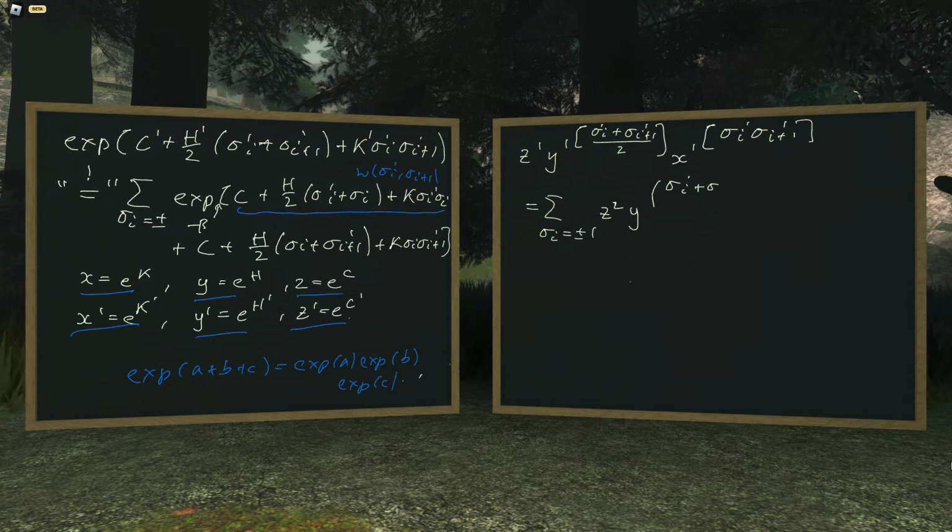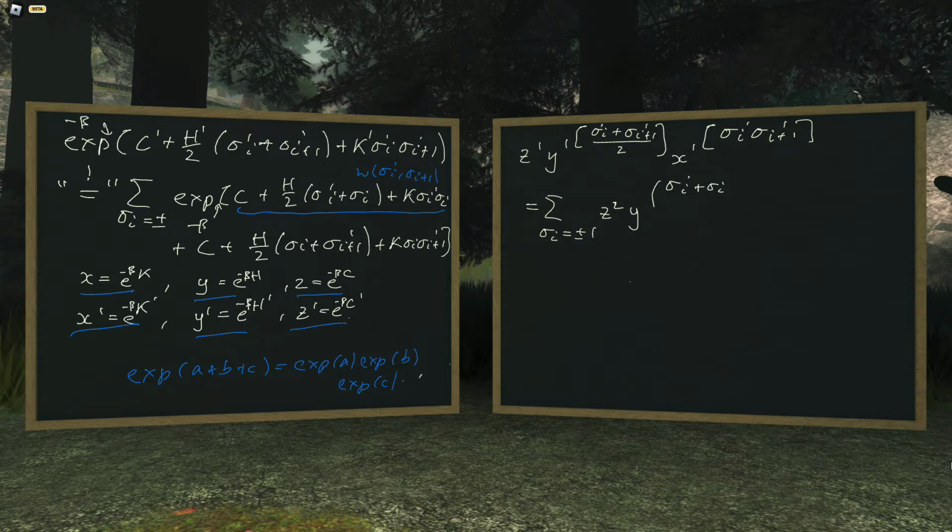Am I just giving up on the beta, or are you going to put a beta inside your Z's? Where is the beta supposed to live, really? Should it be like Y is e to the beta H? Yeah, there should be a negative beta inside all of these. Okay, I'm kind of scared now, but all right. Yeah, because the negative beta should be here.